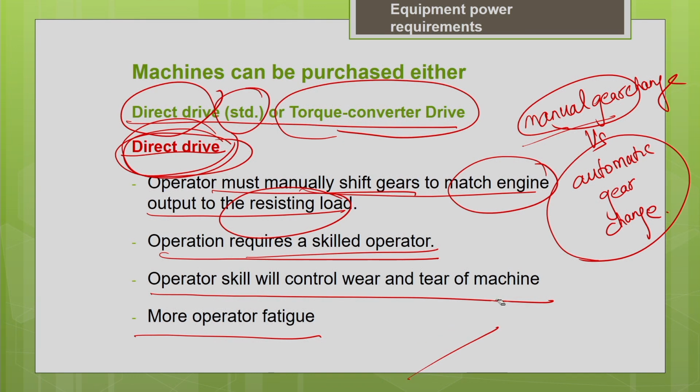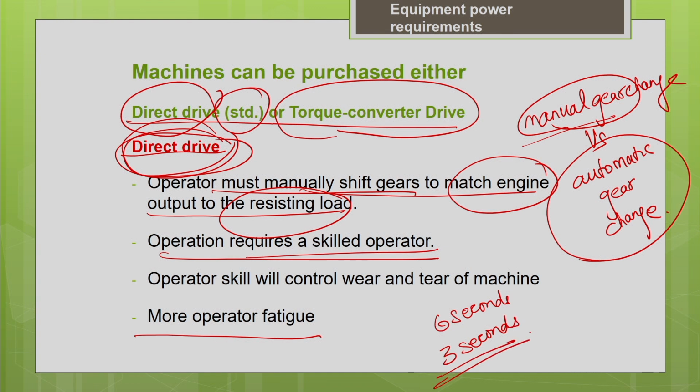Say for example, for manual gear change, if the man-hour time is 6 seconds, for an automatic gear change vehicle it may be lesser, say 3 seconds. I am just giving you some approximate numbers, which may not be right for all machines. Basically you should note that when you go for a torque converter drive, the man-hour time is reduced, so the cycle time gets reduced, and that will affect your productivity and the production cost.